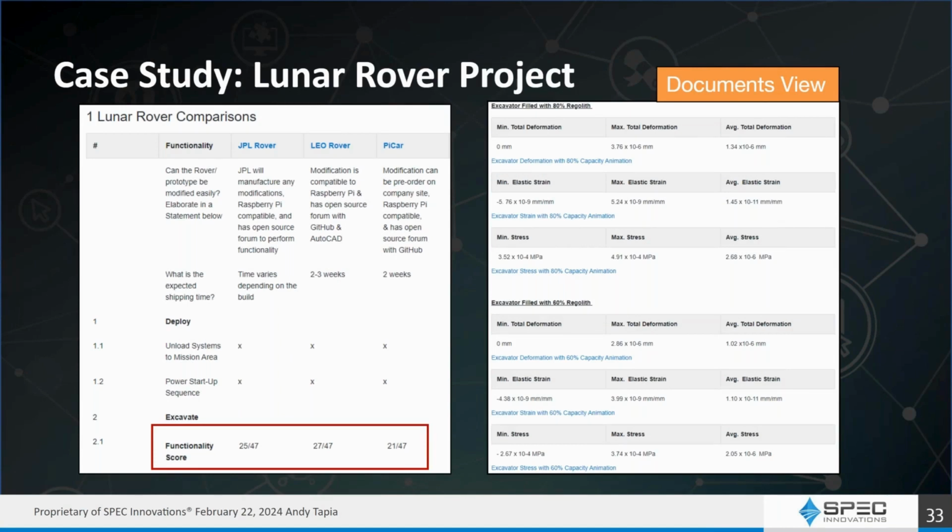So another way to use Documents View beyond creating plans is to record information of all kinds. For example, in the Lunar Rover project, we recorded our design evaluations and the analyses here. It helps you create and maintain a record of work, and support your decision making throughout the project.